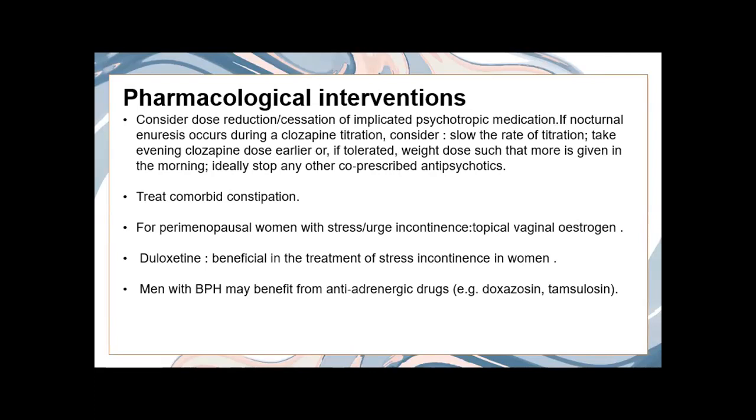Ideally, stop any other co-prescribed antipsychotics. Treat the comorbid constipation. For perimenopausal women with stress or urge incontinence, topical vaginal estrogen can be used. Duloxetine may be beneficial in the treatment of stress incontinence in women, and men with BPH may benefit from anti-adrenergic drugs like doxazosin and tamsulosin.